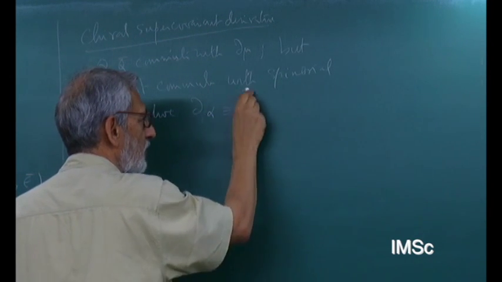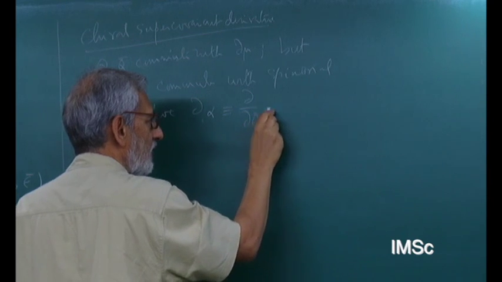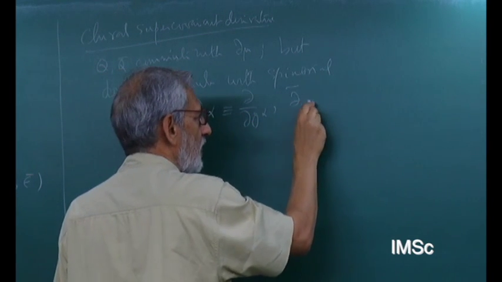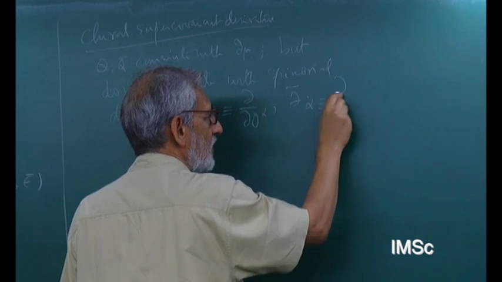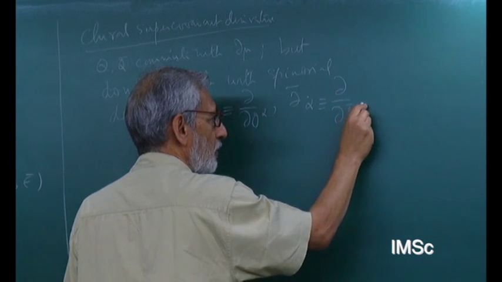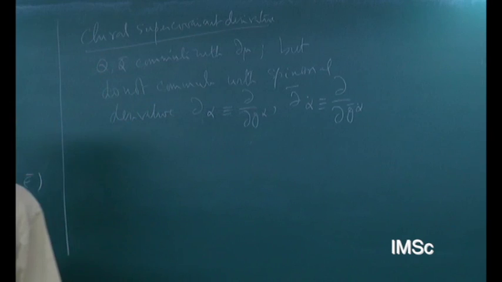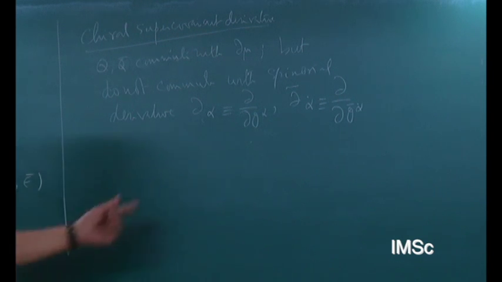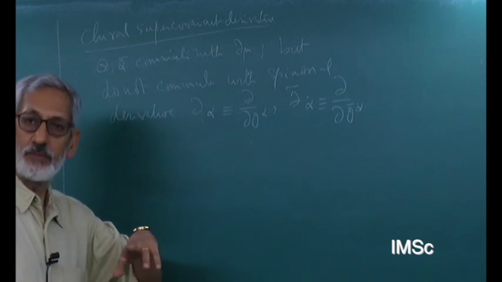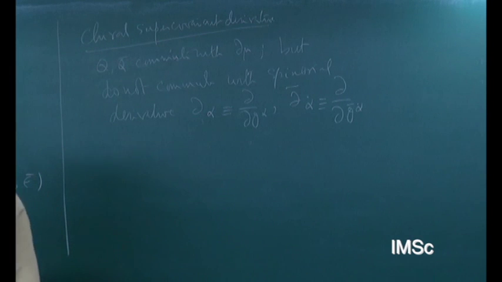D alpha was the shorthand for d by d theta alpha, and D bar alpha dot was the shorthand for d by d theta bar alpha dot. So the spinorial derivative does not commute with Q's. So now can we construct a differential operator which commutes with Q and Q bar?